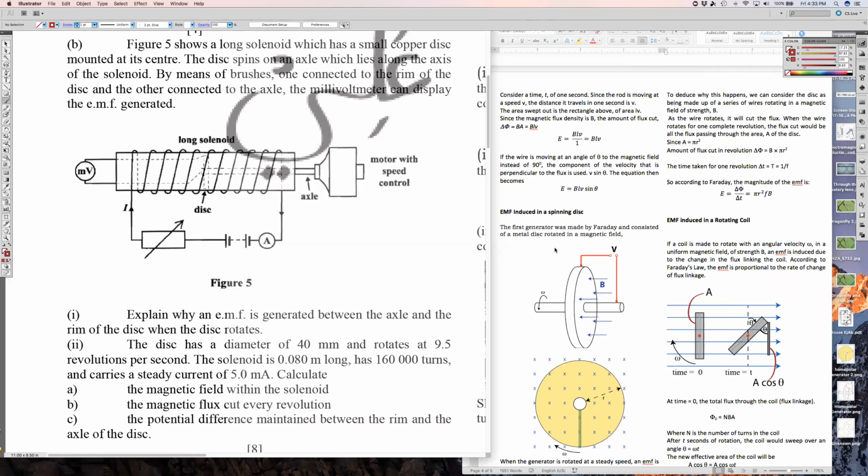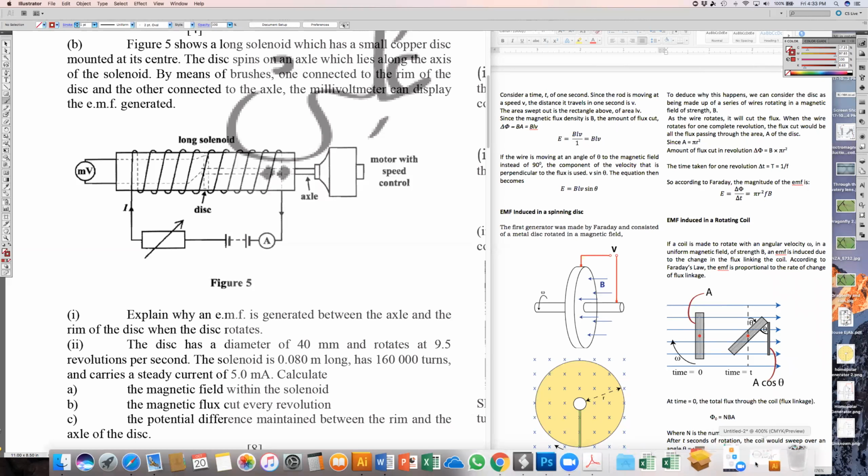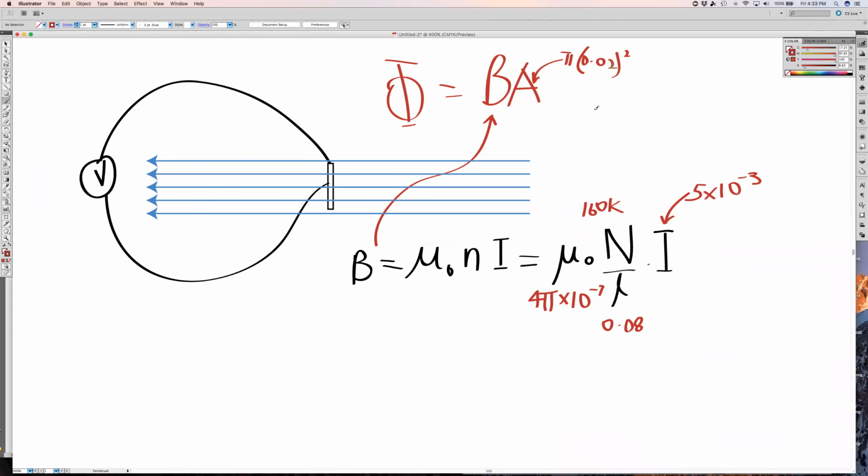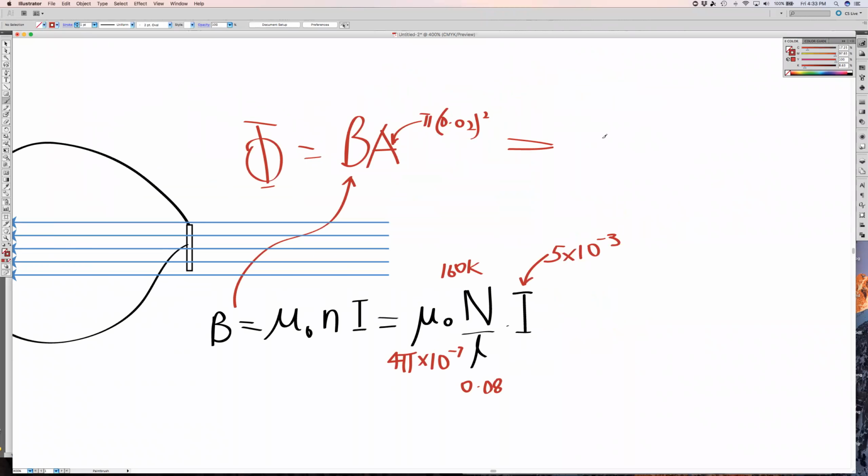Once you get the amount of flux cut every revolution, you just have to take this. Again, you don't have to memorize the derivation. The way they structure this question, we know that the EMF, and I'll not call this phi, I'll call this delta phi, the amount of flux cut in one revolution.